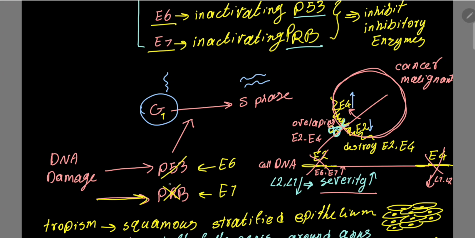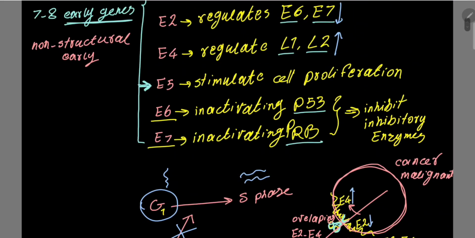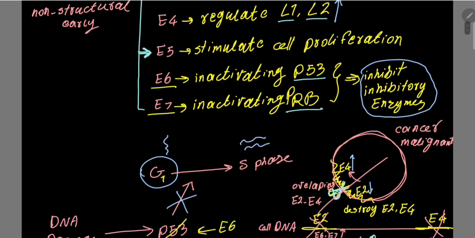E6 is going to affect P53, so it can't stop this replication, and E7 is going to affect PRB. That's how E6 and E7 inhibit those inhibitory factors, P53 and PRB.